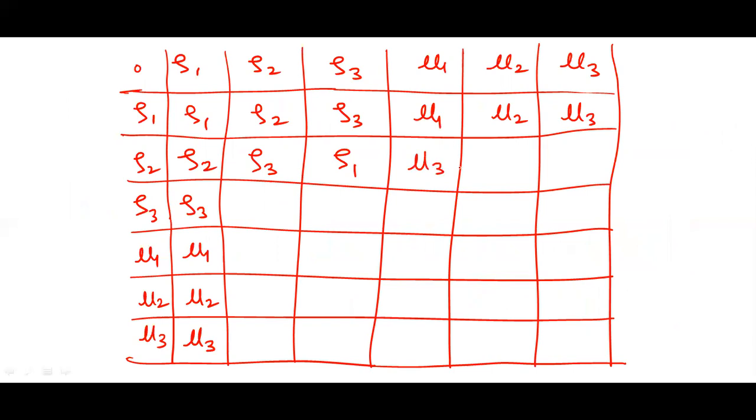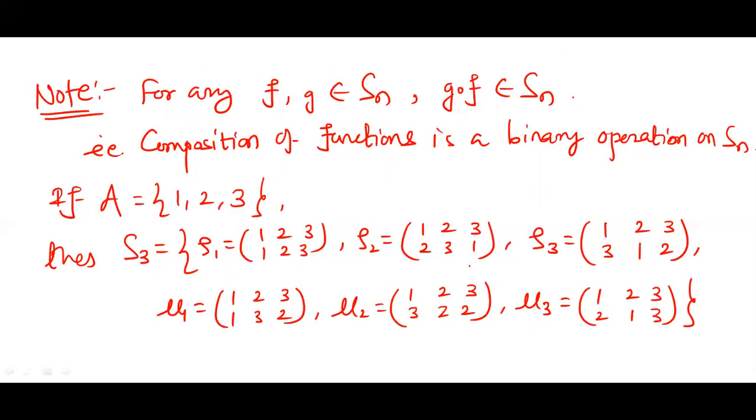Let's find rho 2 composition mu2. Under mu2, 1 maps to 3. Under rho 2, 3 maps to 1. Under mu2, 2 maps to 2. Under rho 2, 2 maps to 3.